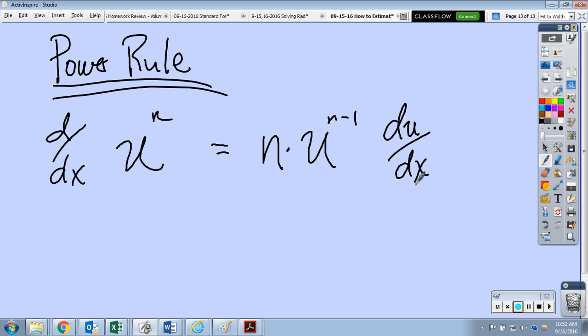Now u just represents any sort of function that's in terms of x, whether u is sine of x, or cosine of x, or something else like x squared minus 1.